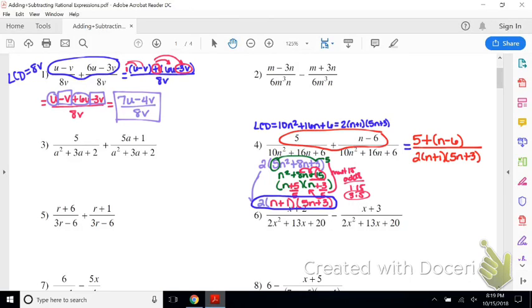And then we're going to distribute that plus sign right there. Remember, that's a negative 6, so that's the same as a positive 1 that we're distributing. So we have 5 plus n minus 6 over our least common denominator.